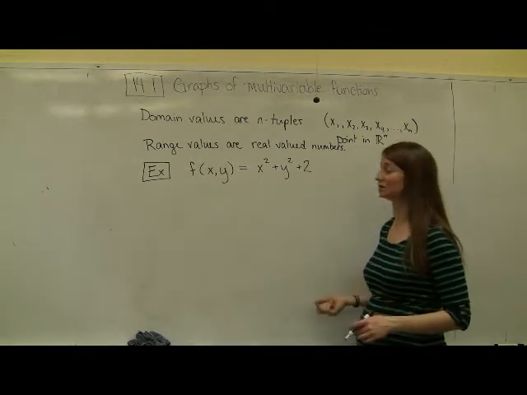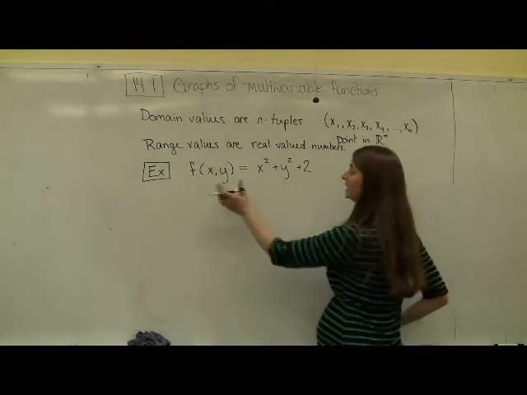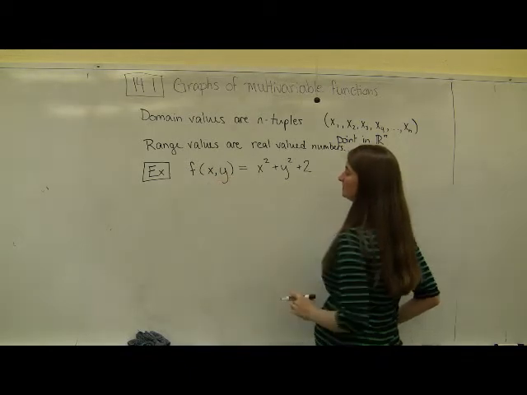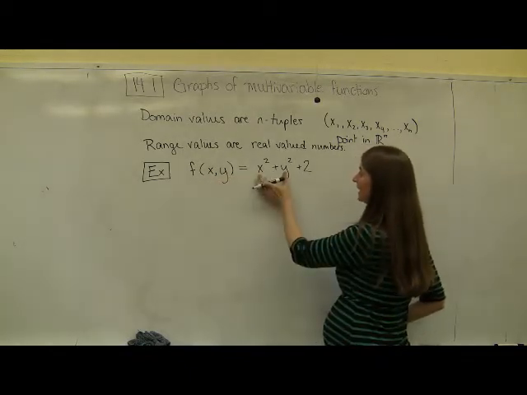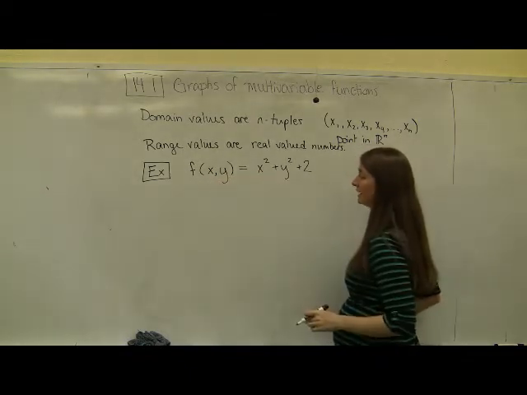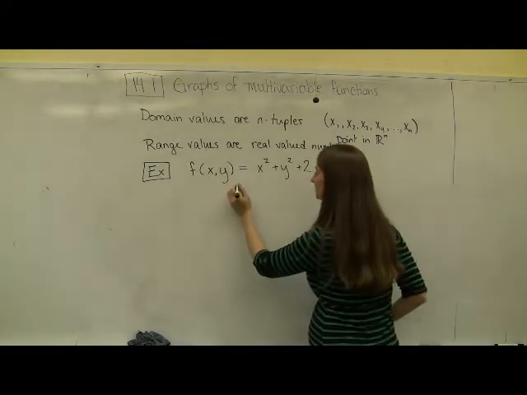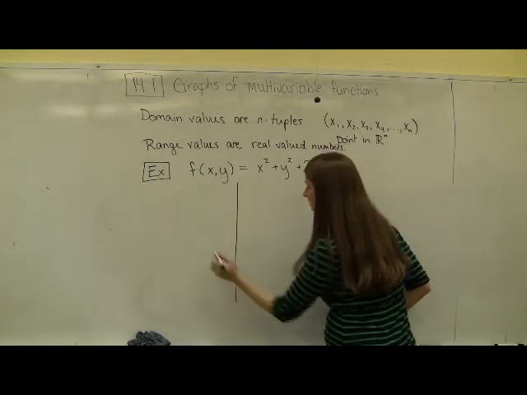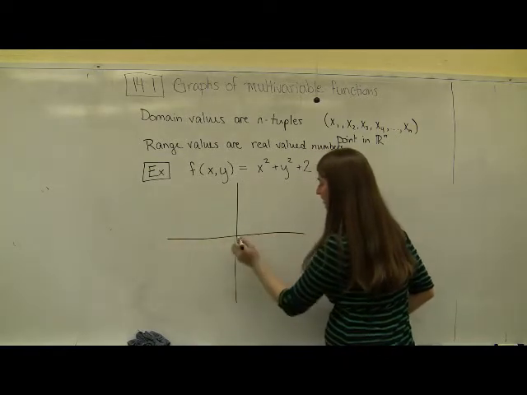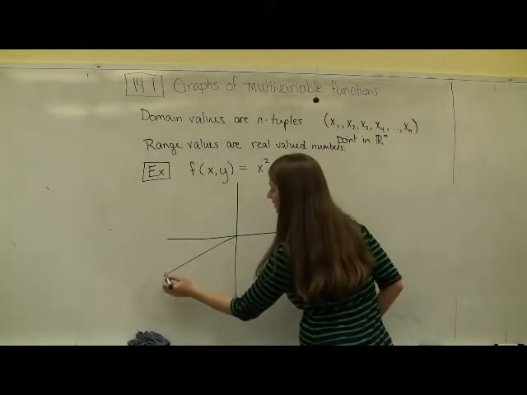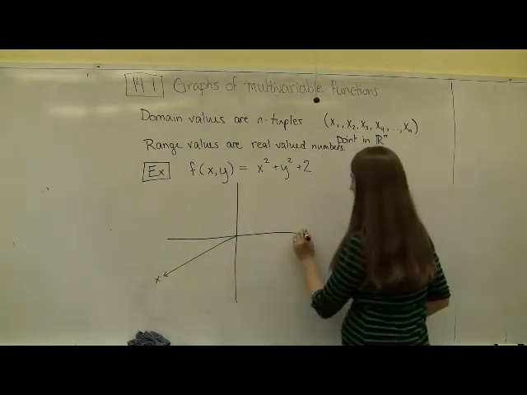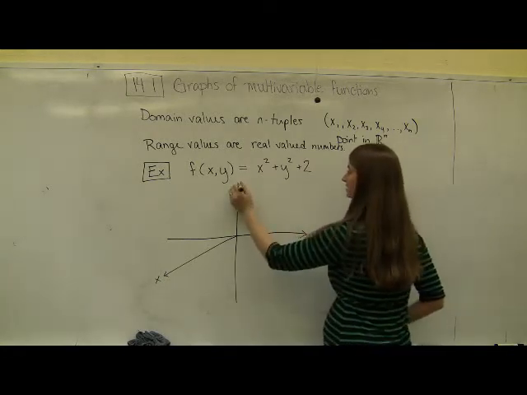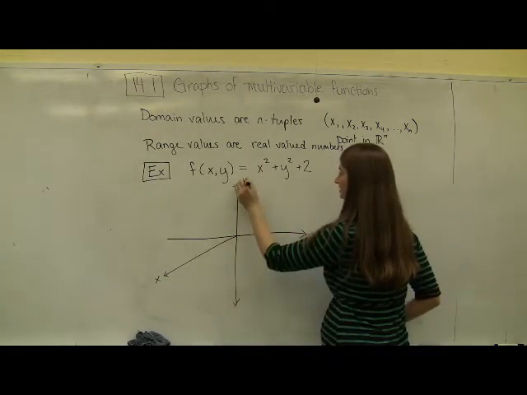And let's explore what this looks like graphically. Graphically, I'm thinking of my x's and my y's as my input values, and my x squareds and my y squareds as my output values. Here's my x-axis, my y-axis, and my z-axis.